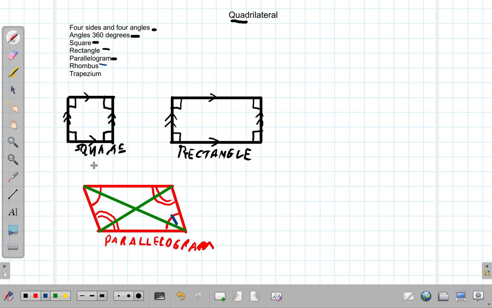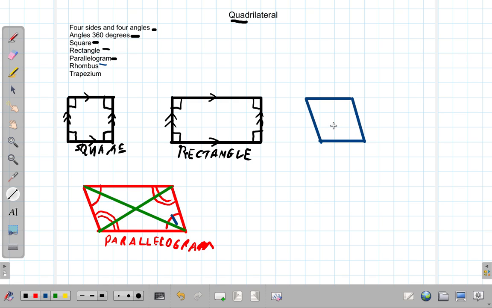Now, let's look at what is called the rhombus. Let me draw an example here first. So I have this side, I have this side, this side, this side. Now, this itself is a rhombus.